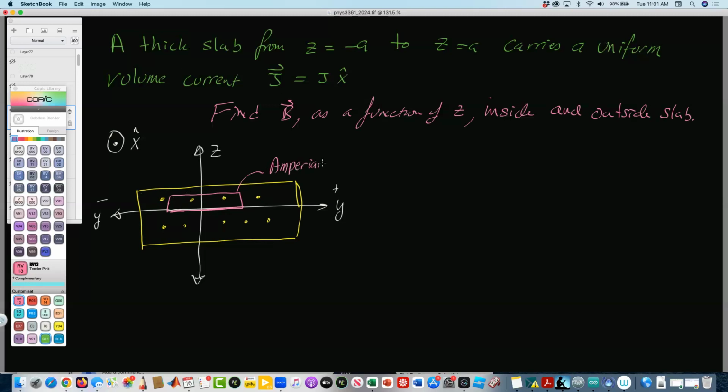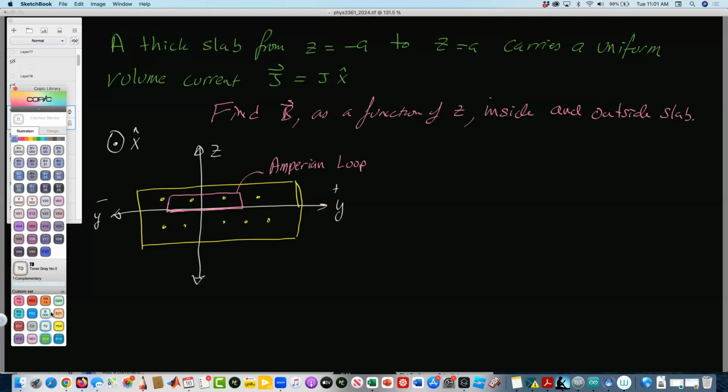Remember, you always want to make an Amperian loop where, one, you'll have some current piercing it, and two, if you're going to use Ampere's law to get the B field, you better be sure that you can figure out that the B field is constant on the parts of the loop that you care about. Like in the Gaussian pillbox example, the E field was constant along the top and bottom of the pillbox, and on the sides the E dot dA was 0, so we didn't care.